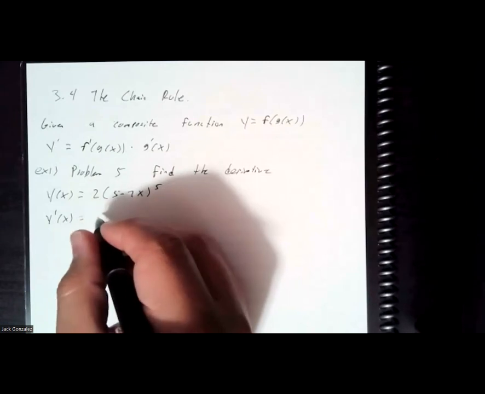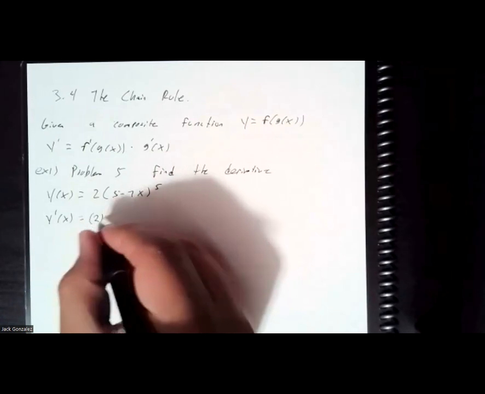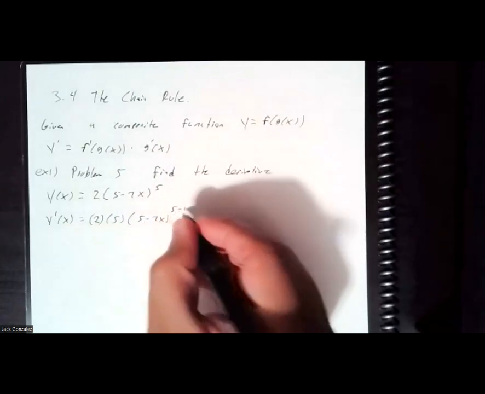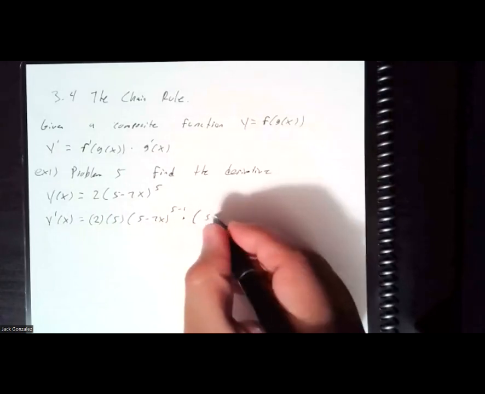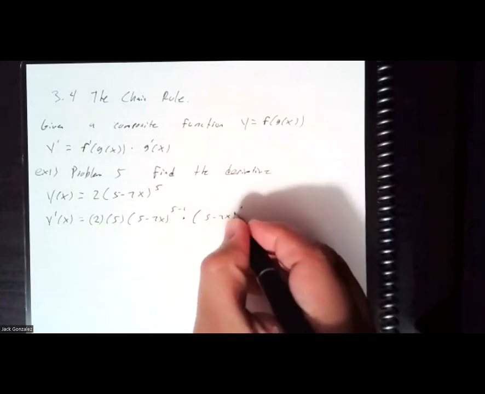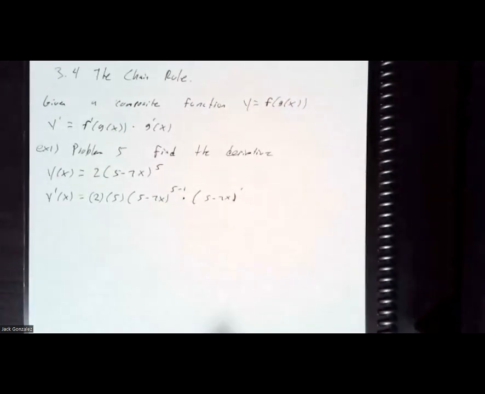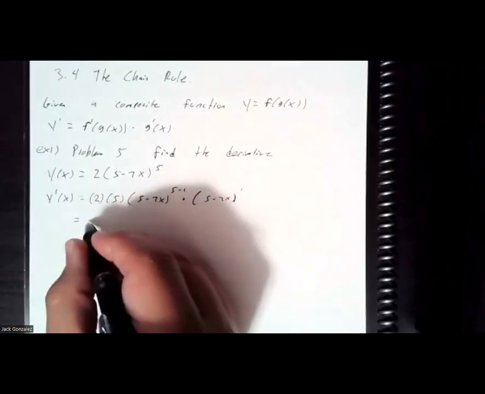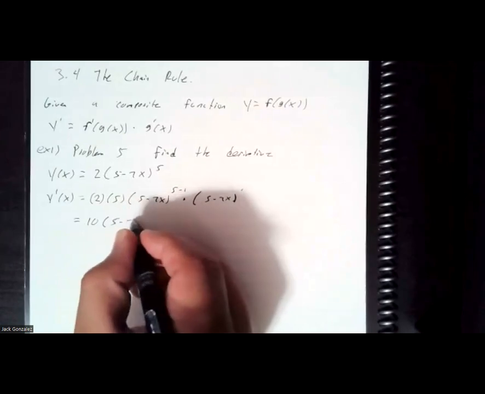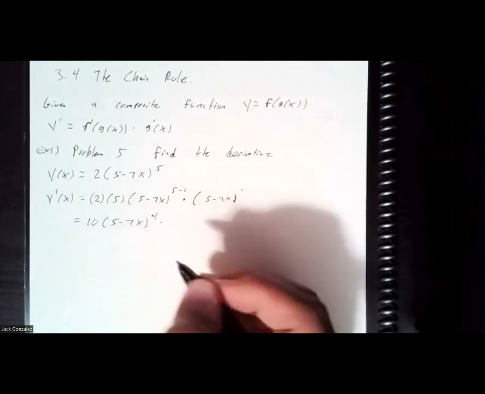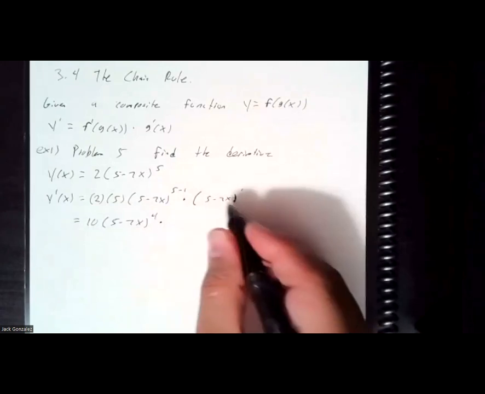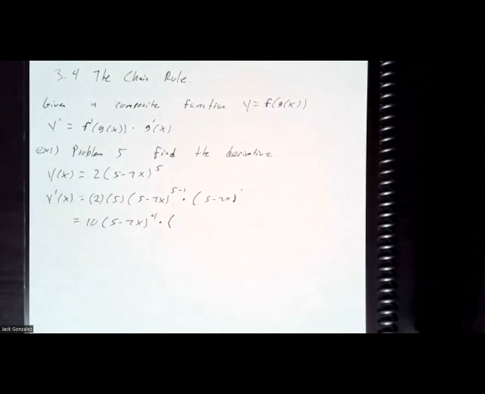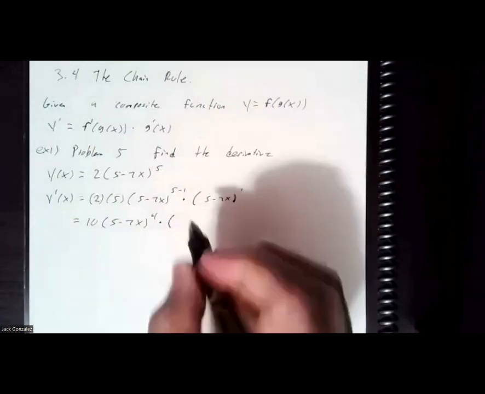So you bring down the 5 times the 2, subtract 1 from the exponent, then multiply by the derivative of the inner function. So the outer one becomes 10 times (5 minus 7x) to the 4th. And then do this derivative, so times, and that'll be what? -7. Yeah, it looks like -7 to me too.